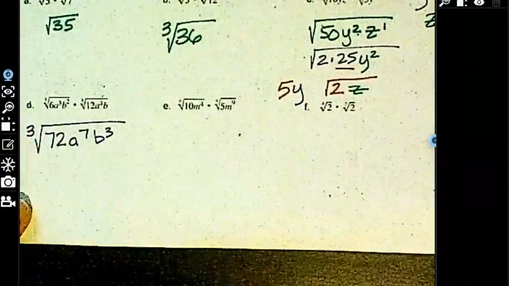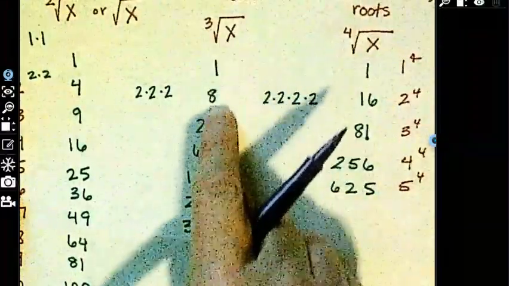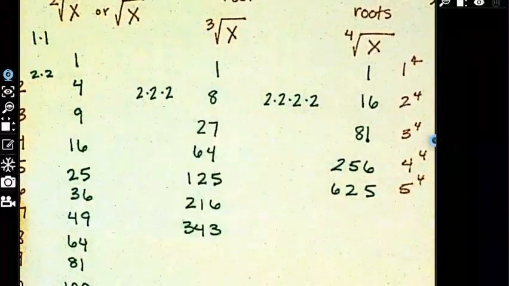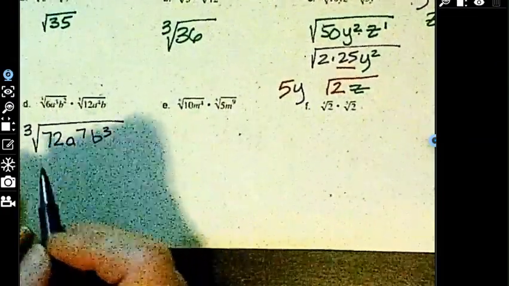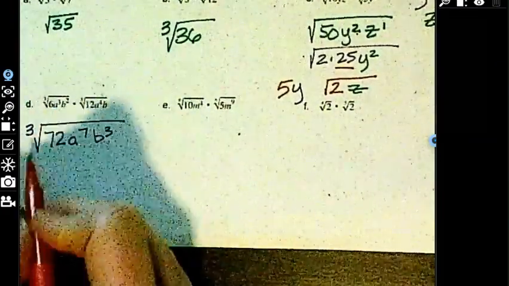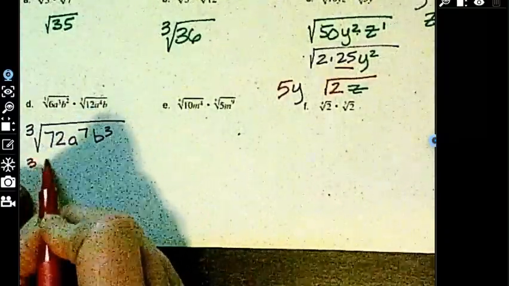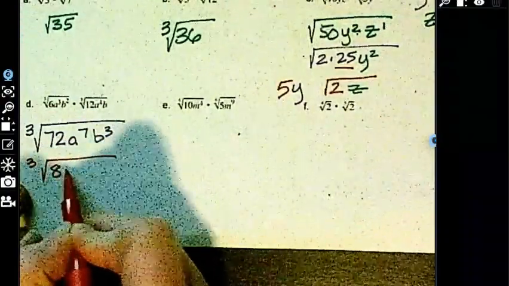Well, I look at my cube root and say, is 72 divisible by anything? Yes, 72 is divisible by 8. So I can say that this breaks down into the cube root of 8 times 9.